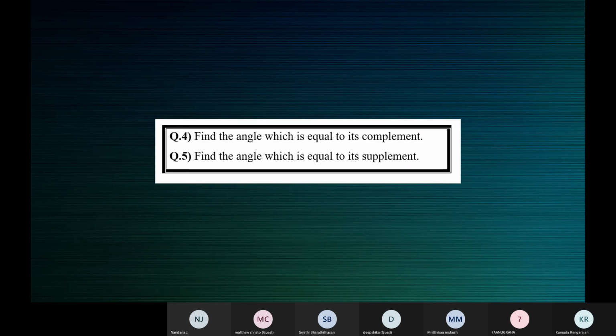Anugraha. Shall I say? Who is this? Ma'am, I'm Swati, ma'am.